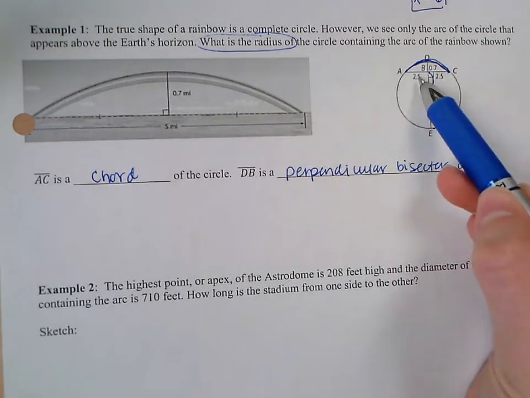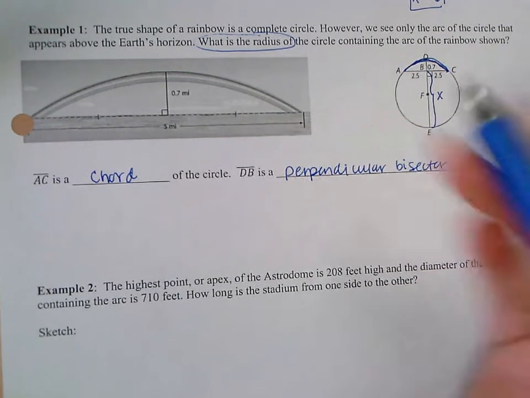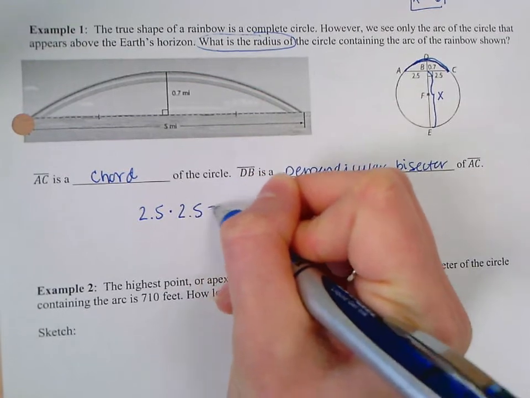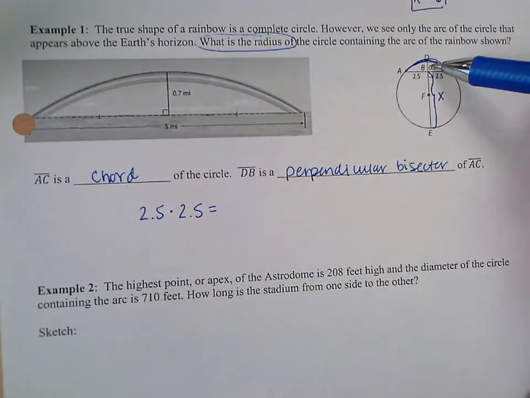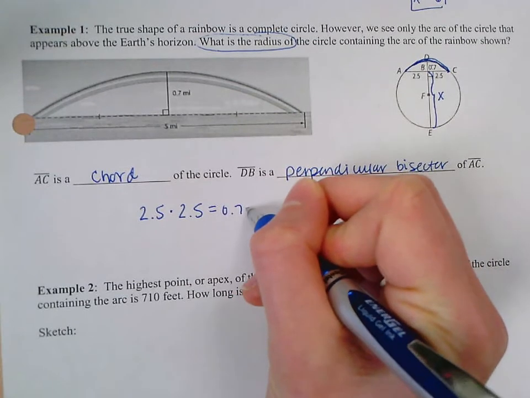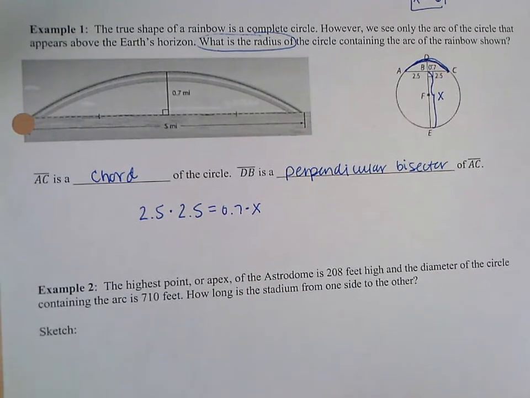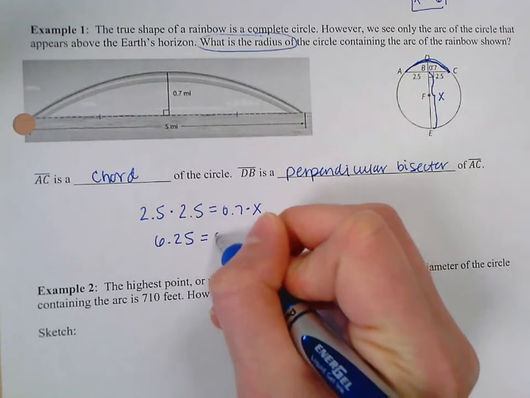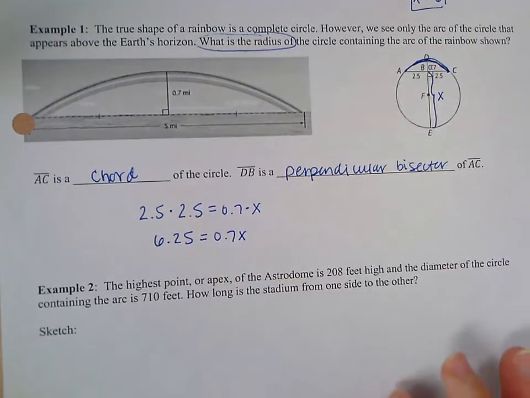So I would have the 2.5 multiplied by 2.5, so 2.5 times itself, and that should equal the 0.7 multiplied by X. So 2.5 multiplied by itself is 6.25. And that's going to equal 0.7x.